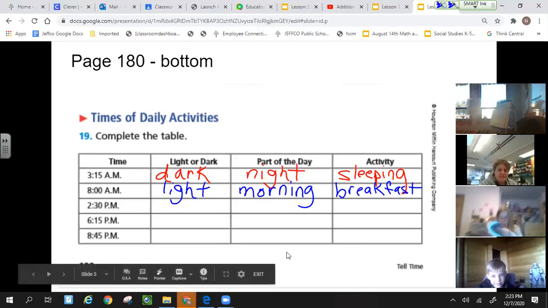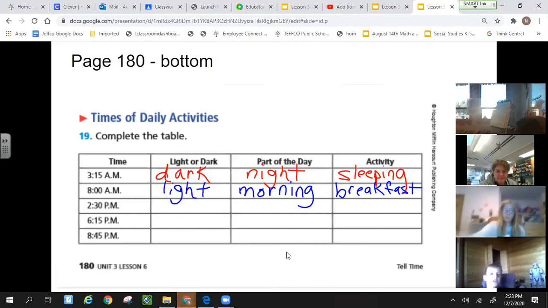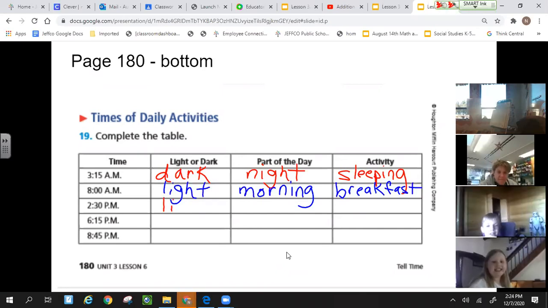Excellent. Okay, 2:30 p.m. So now we're at the, not a.m., but p.m. How about Sunny? Light or dark? Light. How do you know? Because 2:30 is like right now and it's still light out.